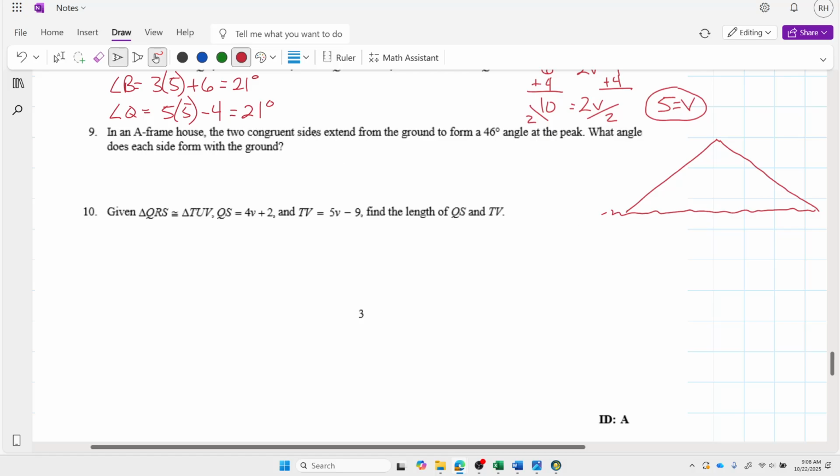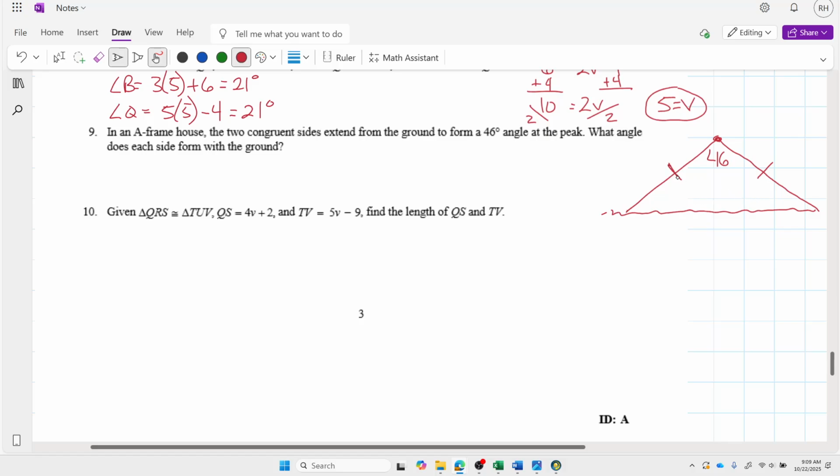The two congruent sides, so this is congruent to this, extend from the ground to form a 46-degree angle at the peak. Here's the peak, so this angle is 46 degrees. What angle does each side form with the ground? So we're looking for these base angles.